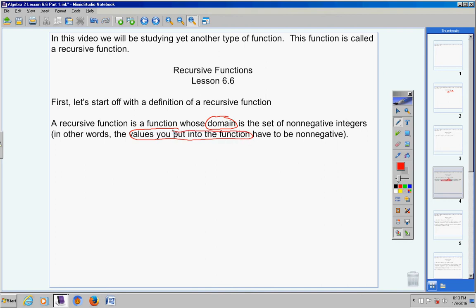And by the way, the values you put into a function are called the what? Remember, domain is the same thing as what? Remember, input, okay? So the values you put into the function have to be non-negative, alright? For example, remember back in other lessons I gave you functions like this, remember? And I said evaluate this at f of 4.